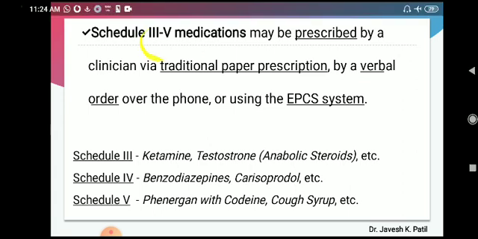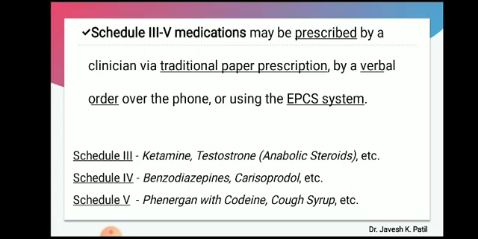So these medications have fewer restrictions. They do not have such strict guidelines to be followed, and even by verbal order, meaning by telephone or oral communication, the doctor or physician can ask the nurse or the pharmacist to get such medications. We have a list of such medications in these schedules.